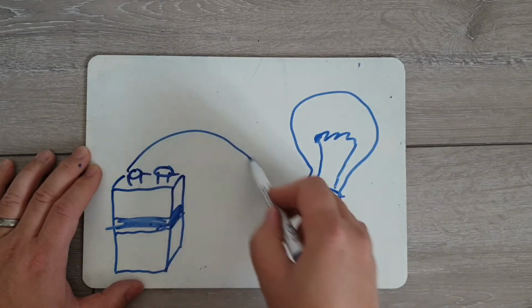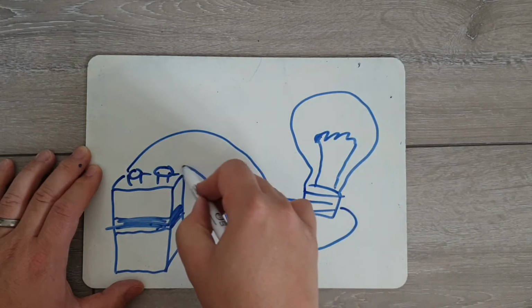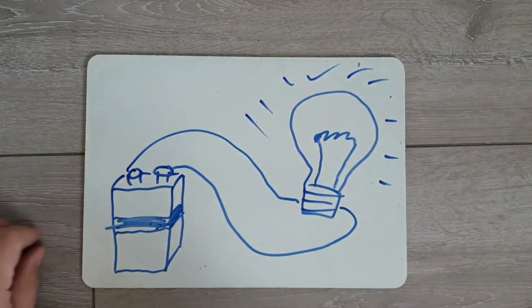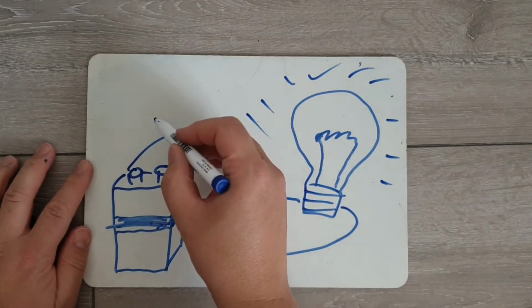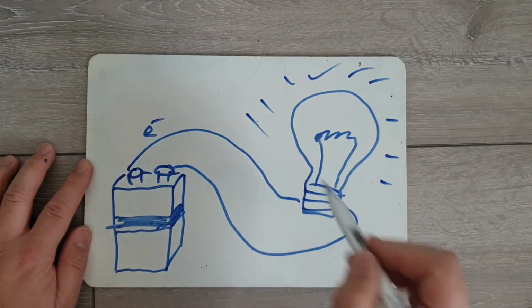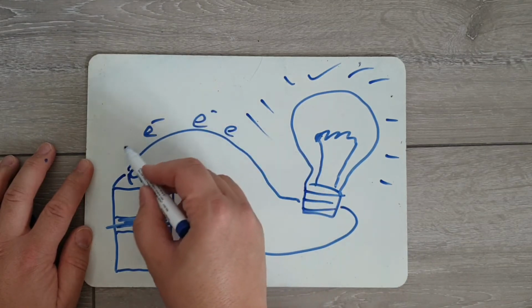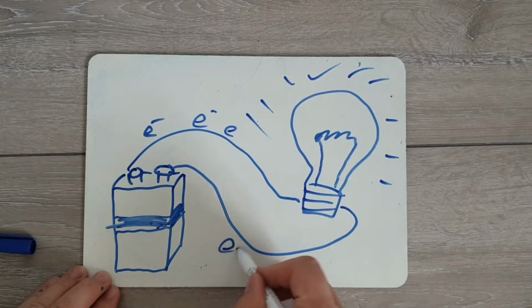We need two wires, so a wire going in, a wire going out. So then our light bulb lights up. So what is electricity? Well, it's electrons moving down a wire. So we've got our little electrons. If you remember, electrons have a negative charge. So we've got all these electrons moving through the wire.